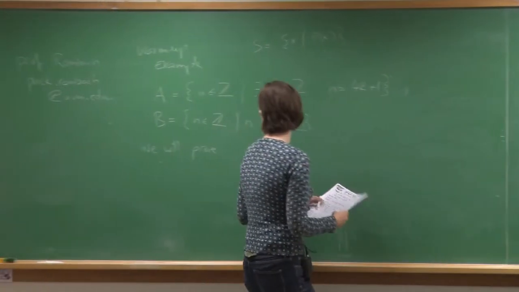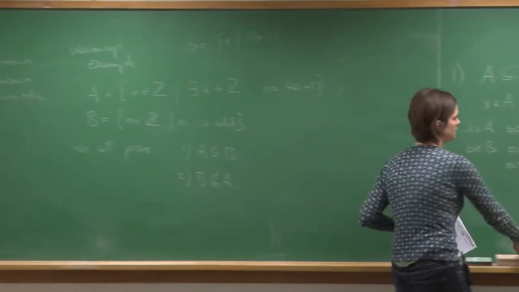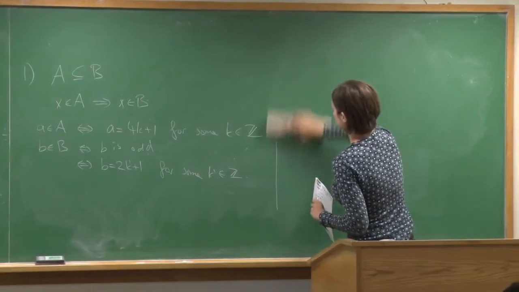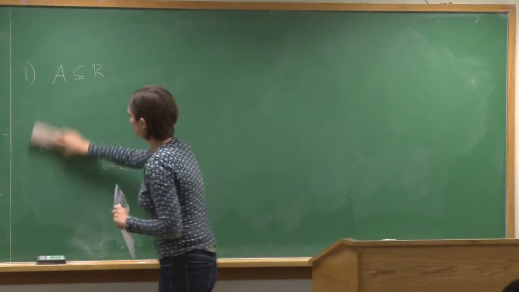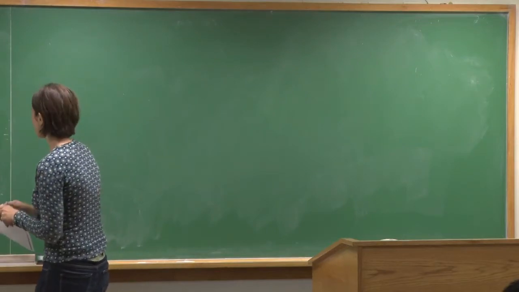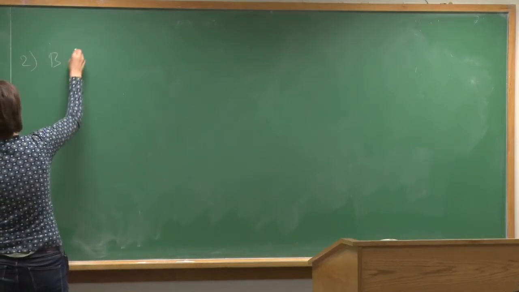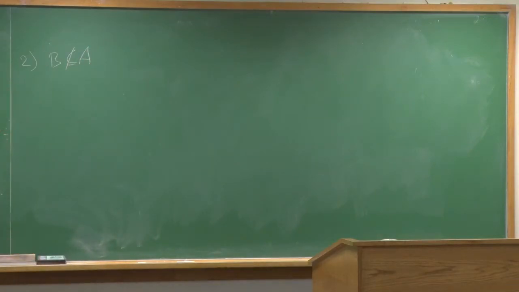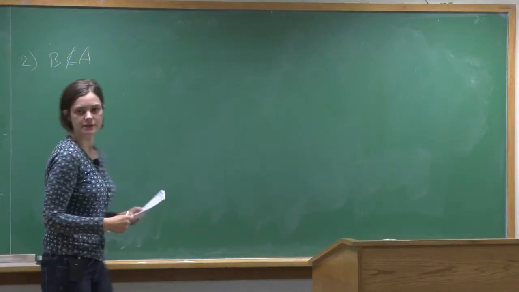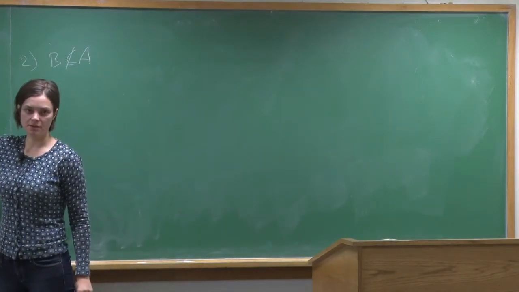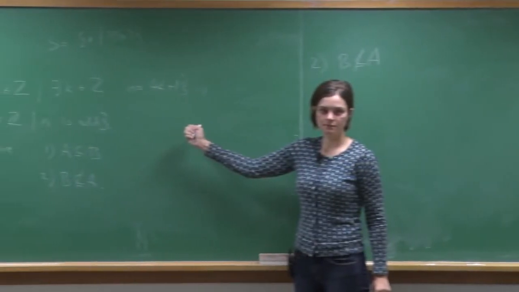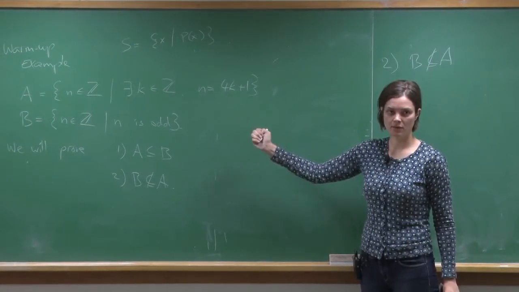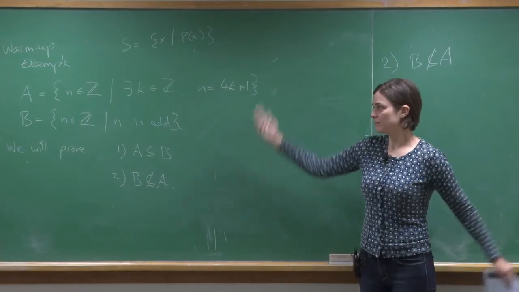So now the other one, to prove that B is not a subset of A, all we needed was a counterexample. So what's a counterexample of something that's in B but not in A? Three, sure.